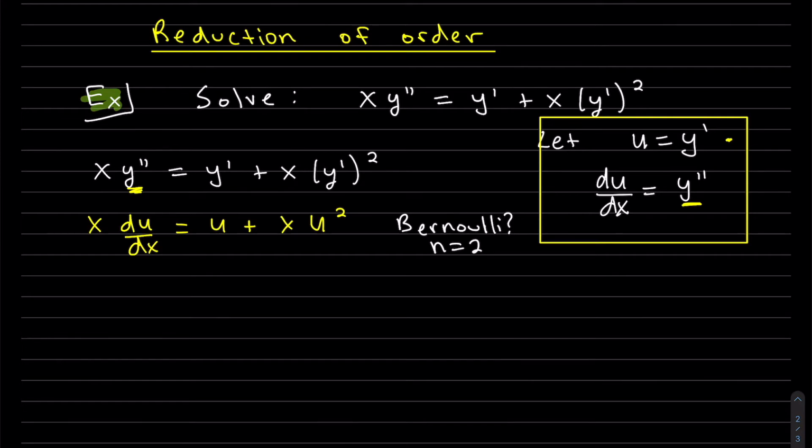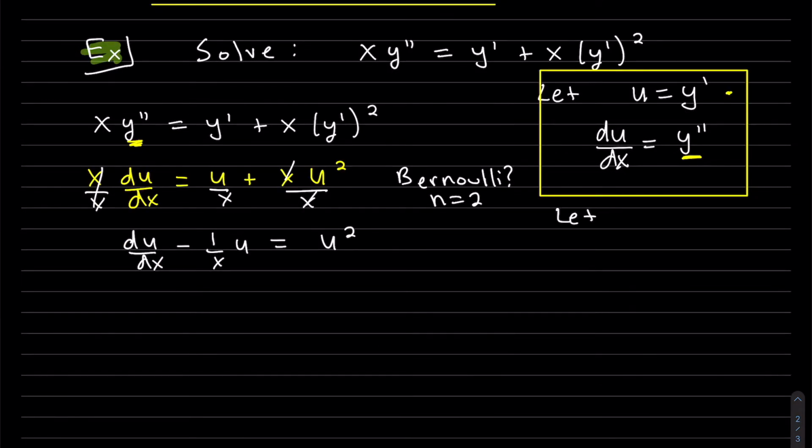So we're going to subtract the linear one over. And we also got to get rid of that at the same time. So Bernoulli, definitely n is equal to 2, but we've already used u. Can use w.